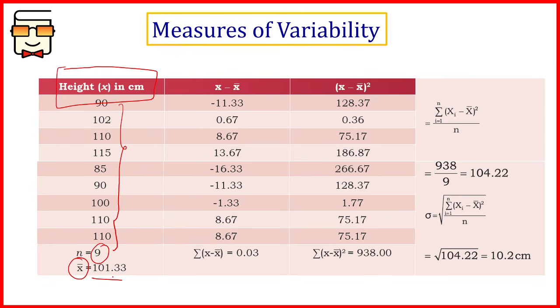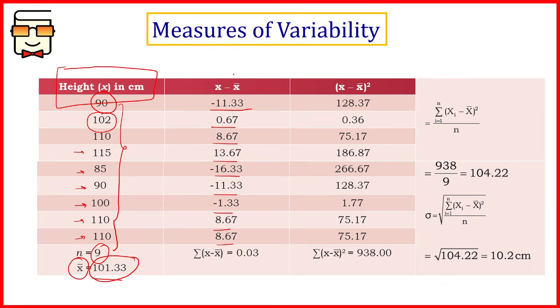Now in the second step, you will start taking the difference between each value and the mean. So 90 minus the mean, which is 101.33, will give you minus 11.33. Then you will do 102 minus 101.33, and similarly you will calculate the differences corresponding to each of these observations. So we subtract the mean from each of these observations and you get a list of differences, right?